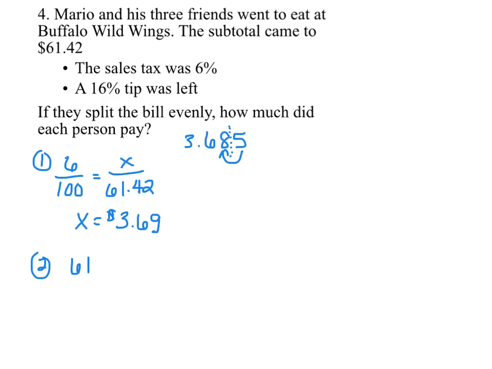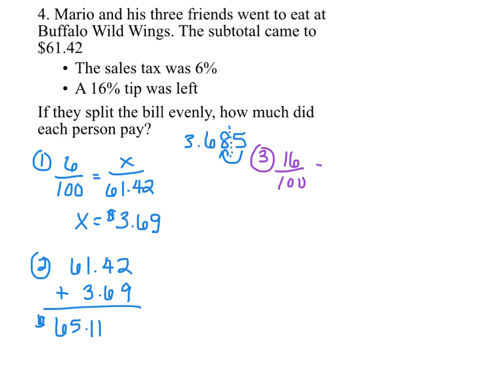Second step now, since this is tax, I'm going to add it to my subtotal. So the total with tax is going to be $65.11. Now, we need to calculate the tip. 16% tip was left, and we tip based on the amount we just found.